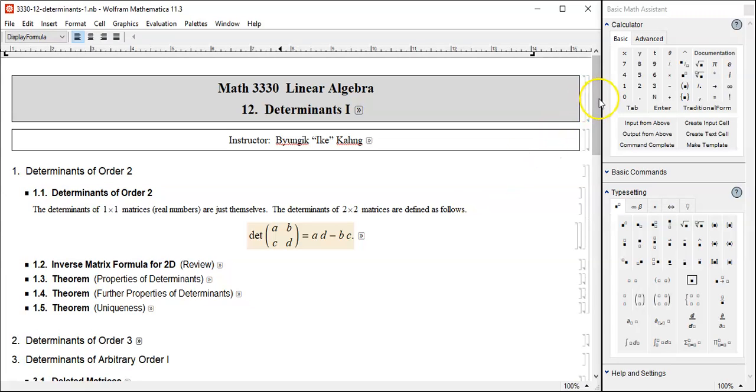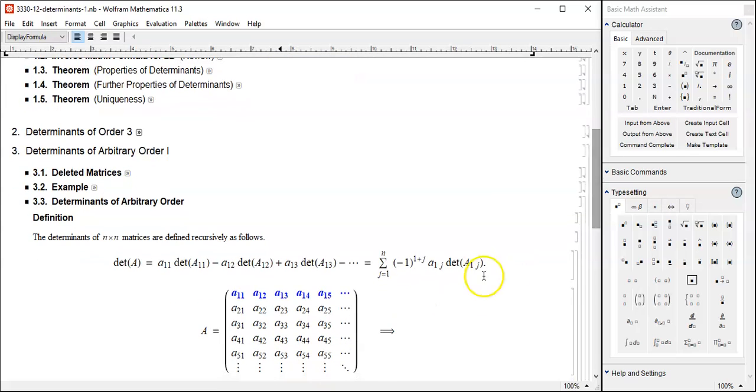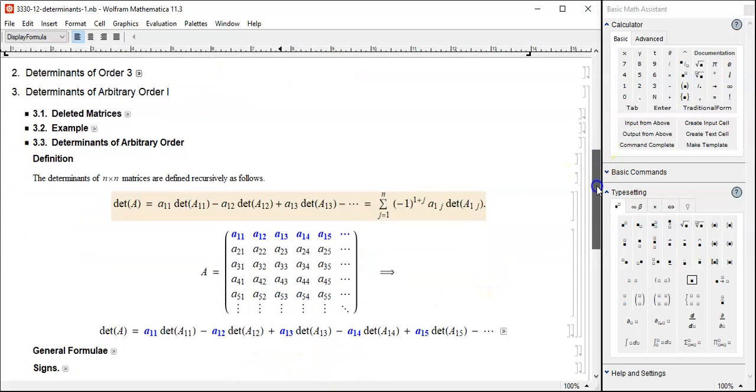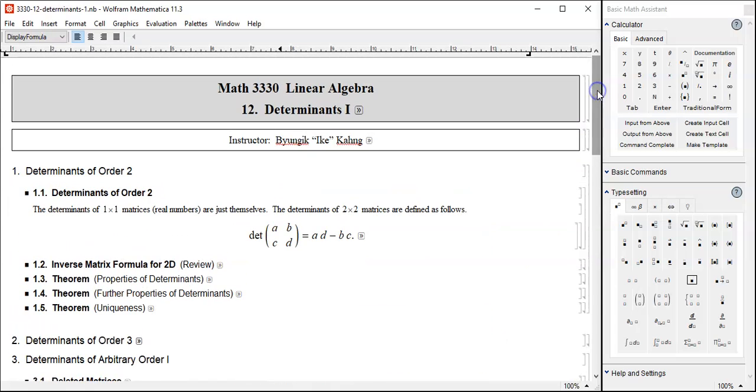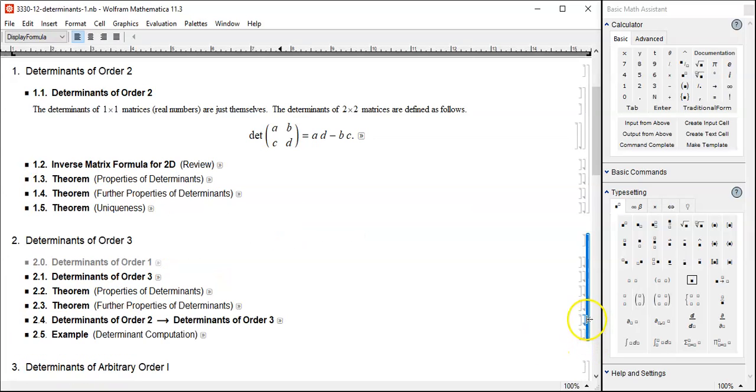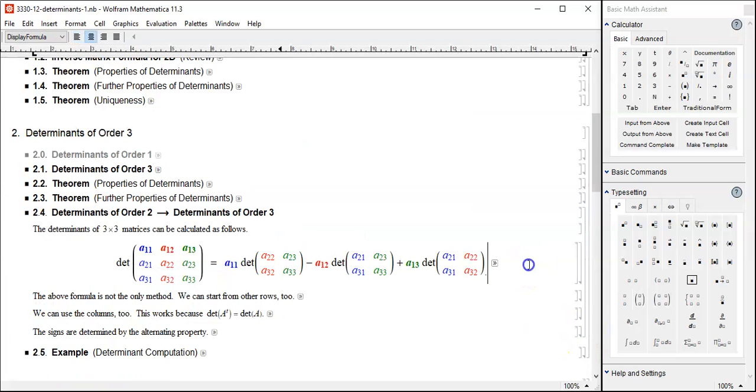And if you use this recursive definition and this kind of top row arguments, then you can use the same arguments to define the determinants of order 3 using the determinants of order 2. And that's what this thing is all about.